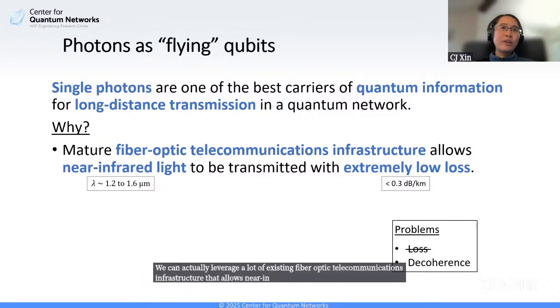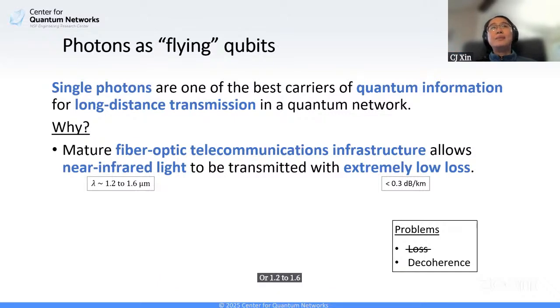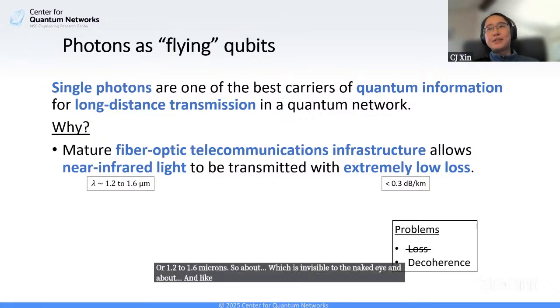The wavelength is about 1200 to 1600 nanometers, or 1.2 to 1.6 microns, which is invisible to the naked eye and roughly twice the wavelength of red light. It can be transmitted with extremely low loss of about 0.3 dB per kilometer.